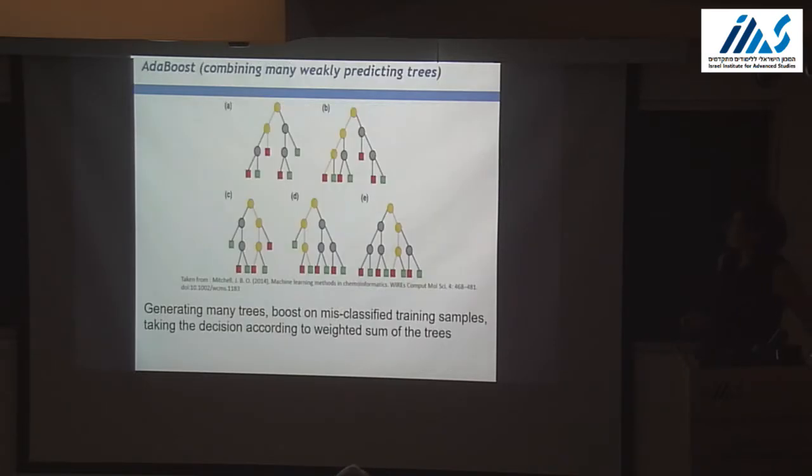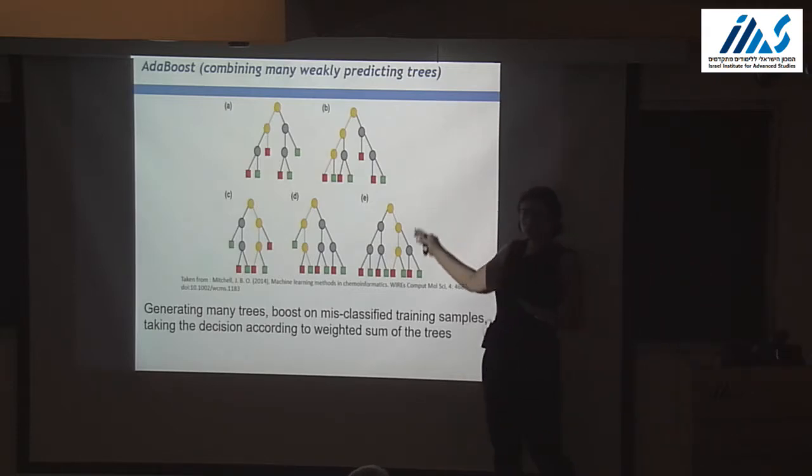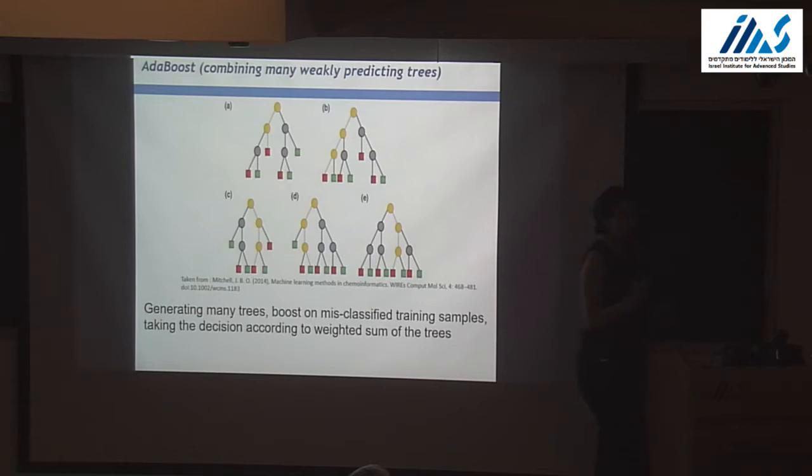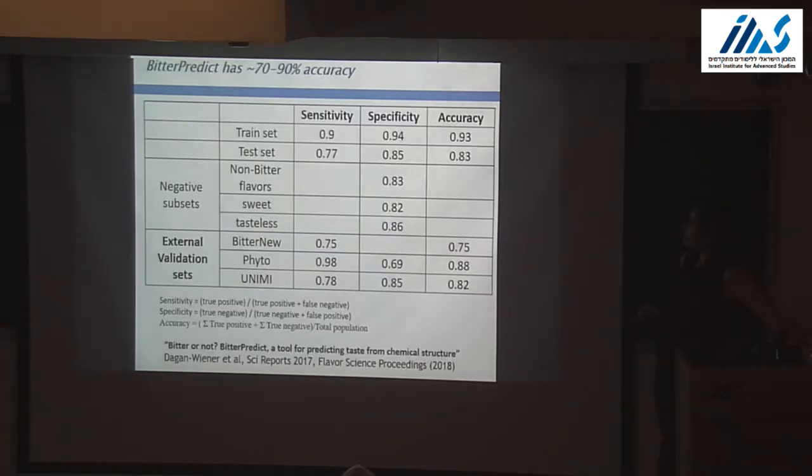I will skip through this quickly. The method she used is AdaBoost. It's basically like a forest of decision trees which are trained on misclassified data. Together they eventually give good prediction, good classification.